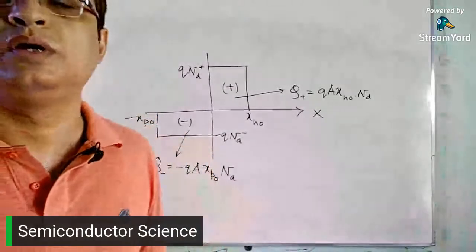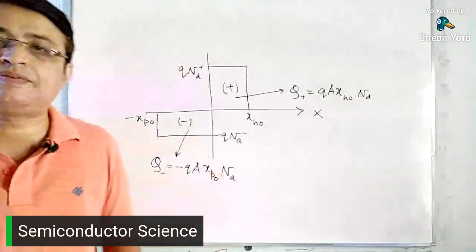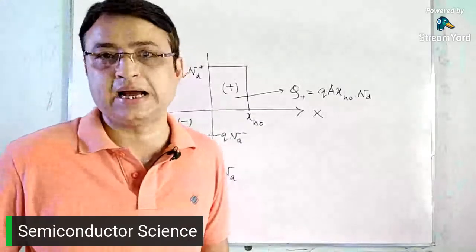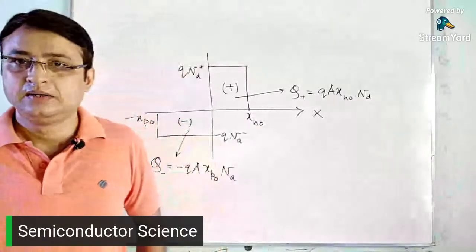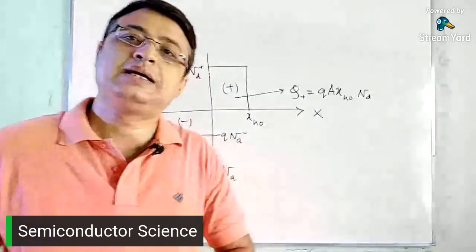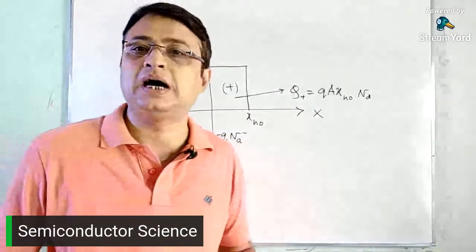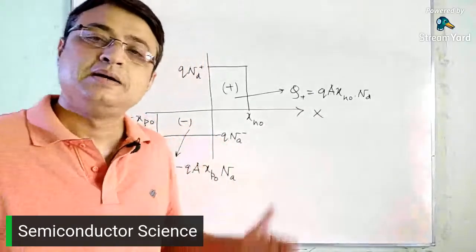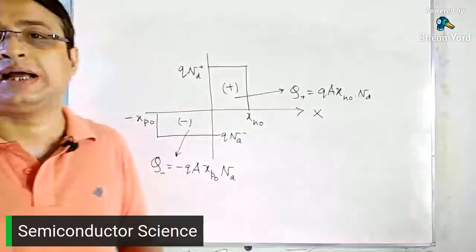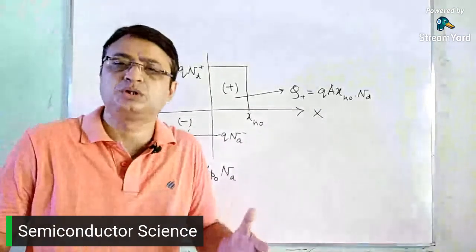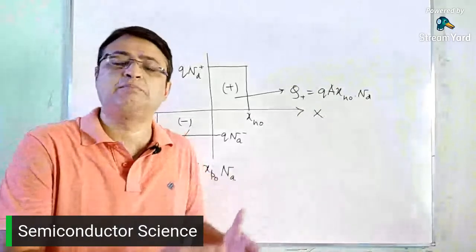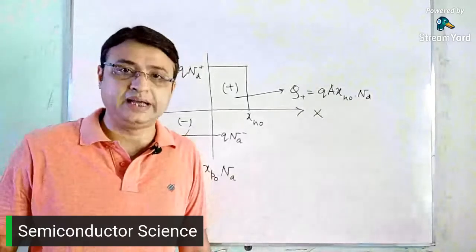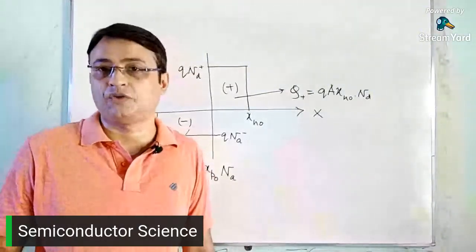Actually, we consider here different values of doping on either side, in the p-type and the n-type layer. If the doping concentrations are different, you still have to make capital Q plus equal to capital Q minus, because without making the total number of positive charges and the total number of negative charges equal, the depletion region does not form.